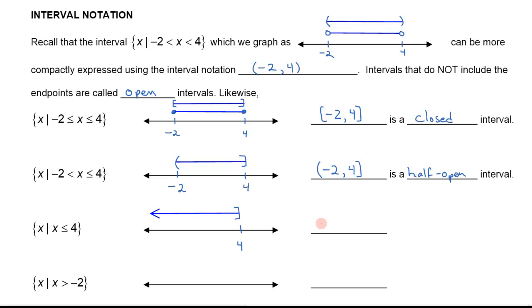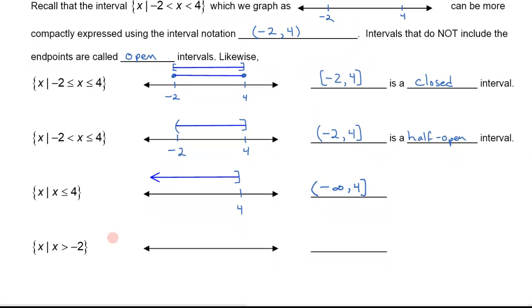So what I do is I start at -infinity, and then it's going to end right here at 4, and it includes 4, and then -infinity, that's not really a number, it just means it keeps going that way. So I'm not going to say I include infinity, because you can't, it just means it gets more and more negative that way. So I'll always put a parenthesis symbol if I use infinity or -infinity.